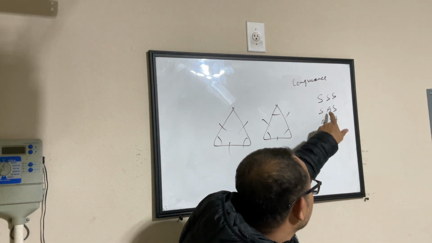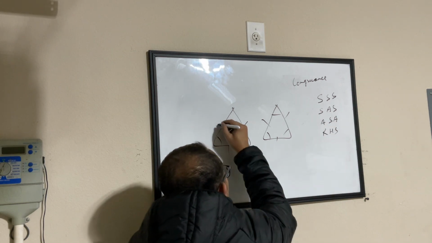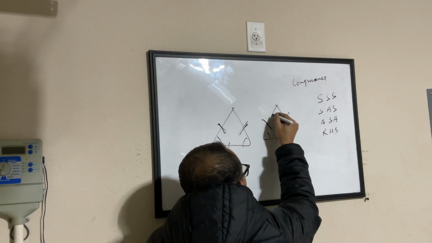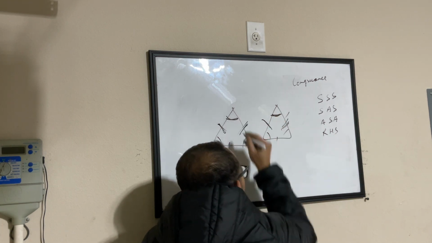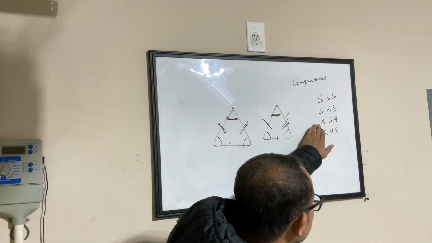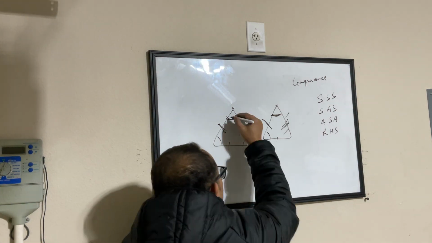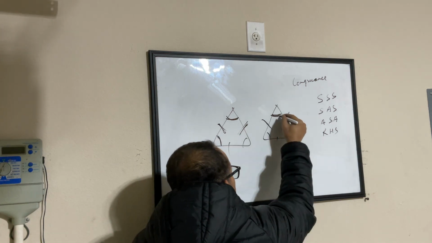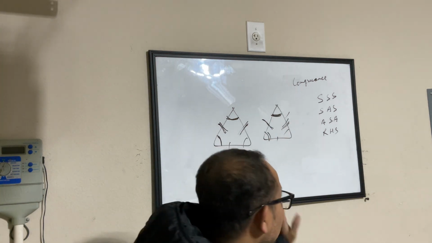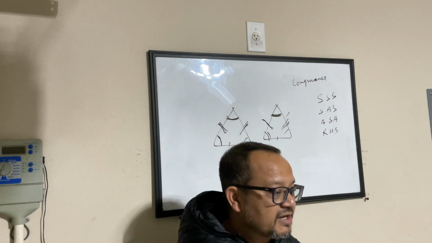If 2 sides and the angle between them are the same, then you can assume that these two are congruent. Third one is ASA, where 2 angles and the side between them match, and they'll be congruent. Meaning you can assume that everything else will match, even the area will match.